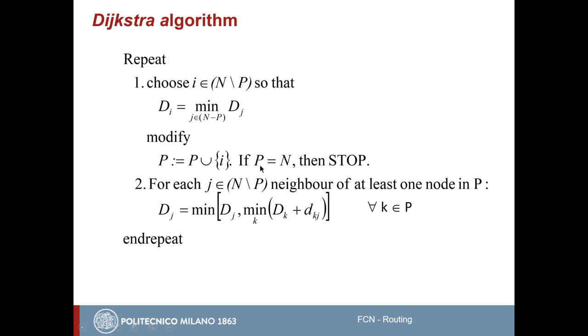Then we check the set P. If it contains all the nodes of the network, we can stop the iterations. Otherwise, we have to go to the second step.